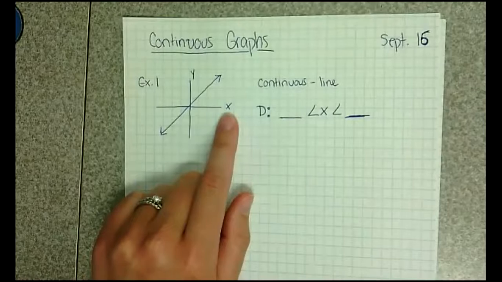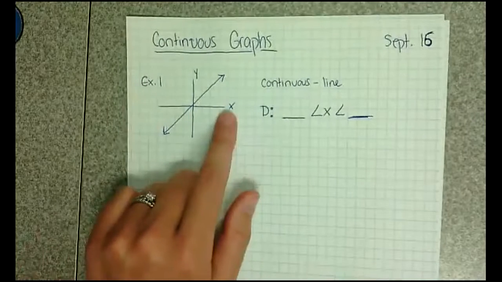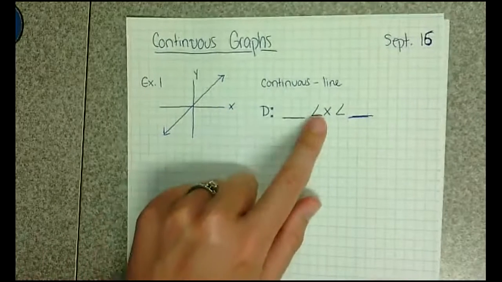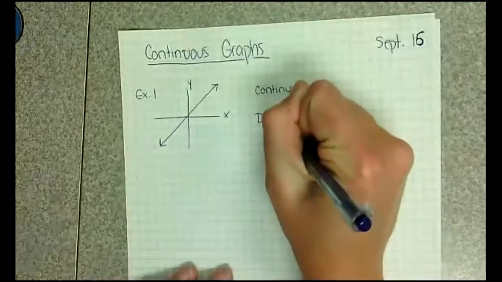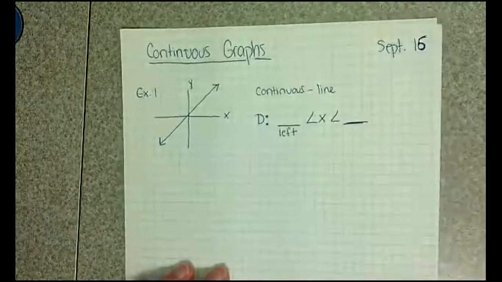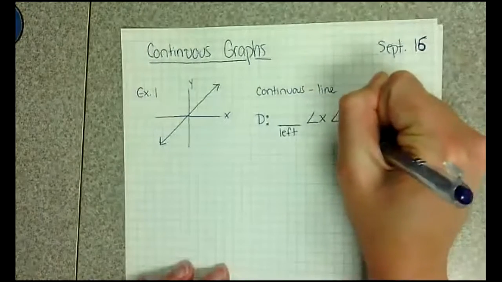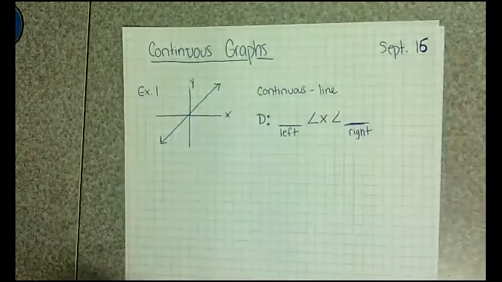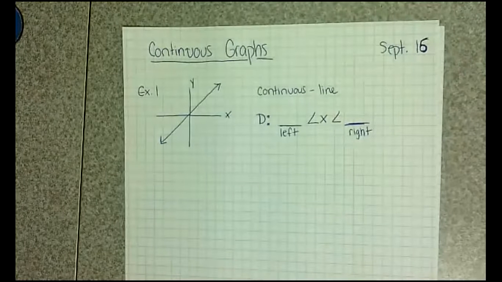Now my x-axis goes left to right. The domain is the x values. So I'm gonna put a left number here and the number on the right side of my graph here. And my thought is, guys, let me get through 2 examples and then kind of start asking questions. It's gonna seem weird, but the more we do it, the easier it's gonna get.